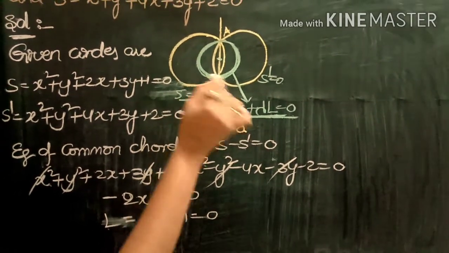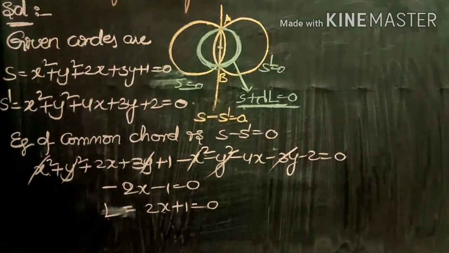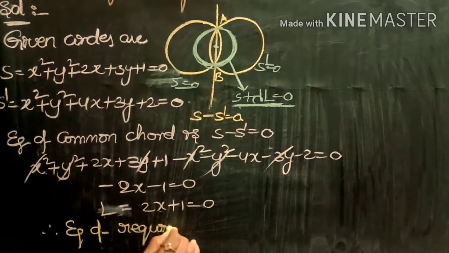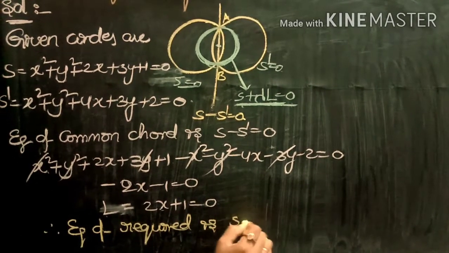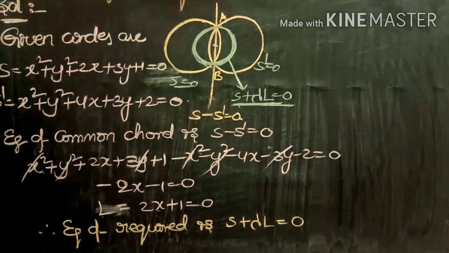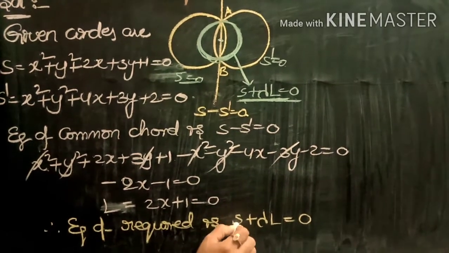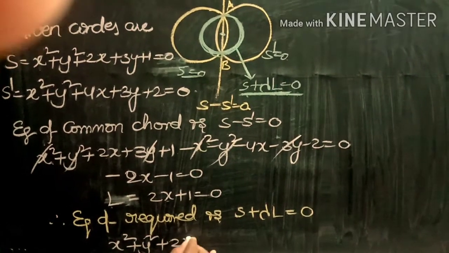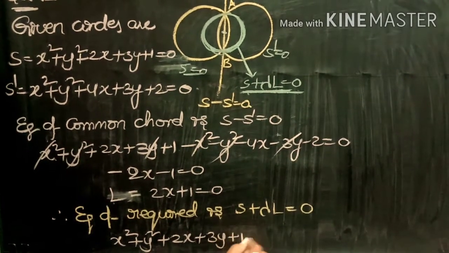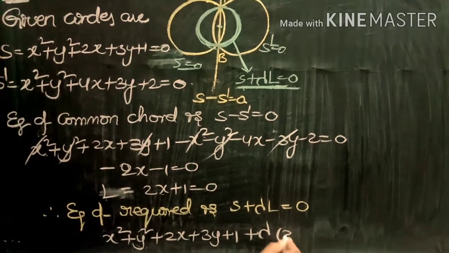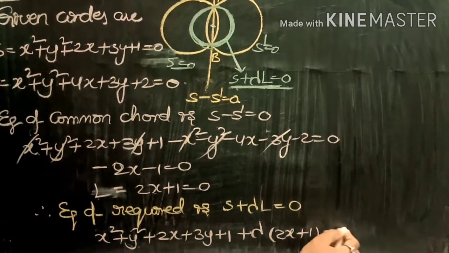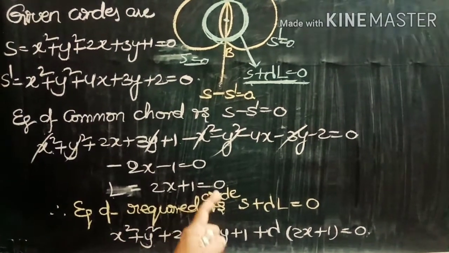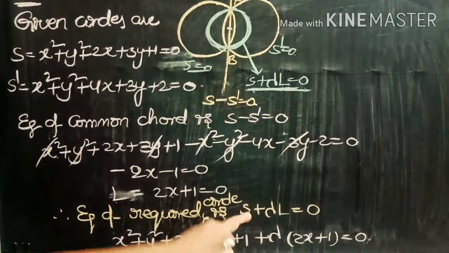Now the equation of the required circle is taken as S plus lambda L equal to 0. S means we can take either of the two circles.